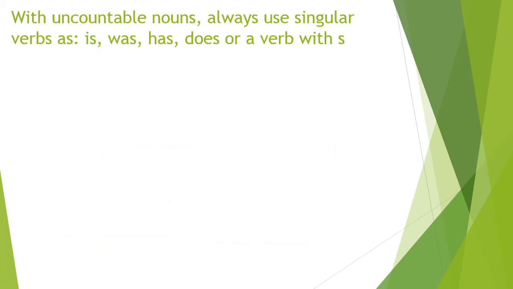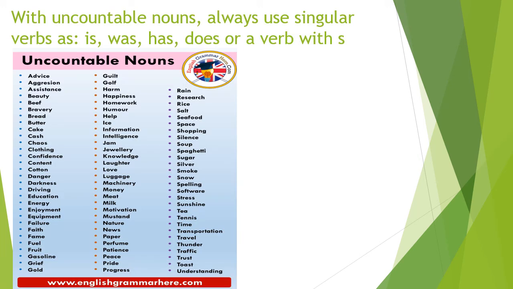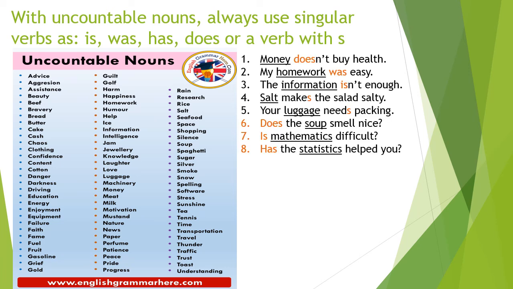Okay? Now, with uncountable nouns, always use singular verbs. This is a list of uncountable nouns. So whenever you see these words, the verb is in the singular form. And here, please pay attention to the words homework and information, because most of the time you get confused. Money doesn't buy health. My homework was easy. We never say homeworks.